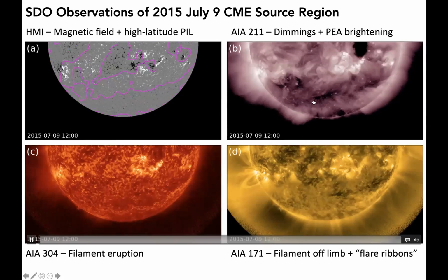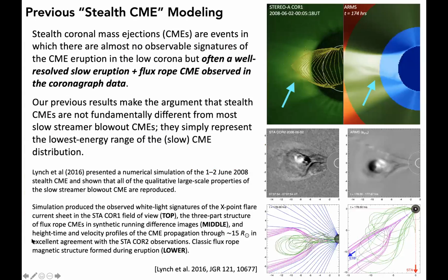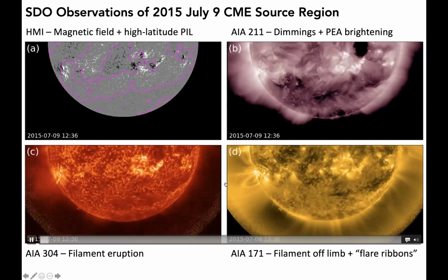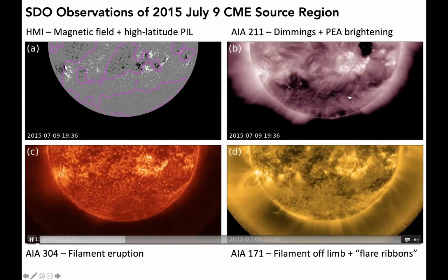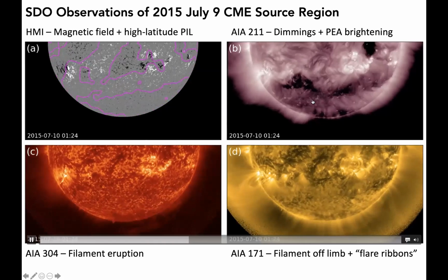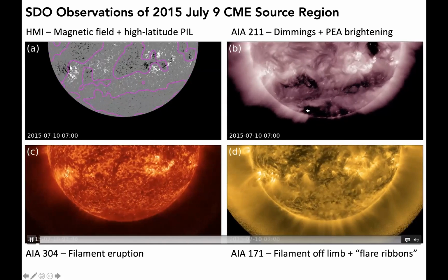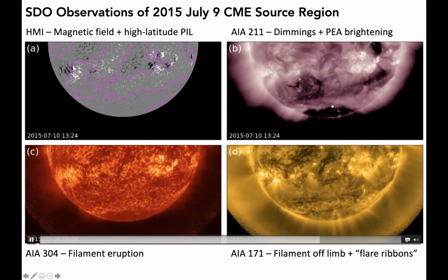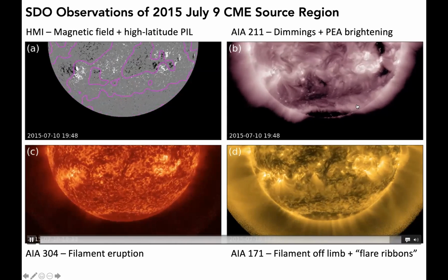In 211, let's try that again. In 211, you see a little bit of this material, but you'll see the dimmings happen, and then kind of refilling in of this brightness.